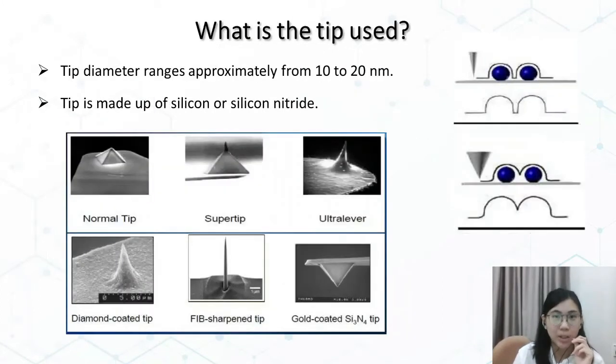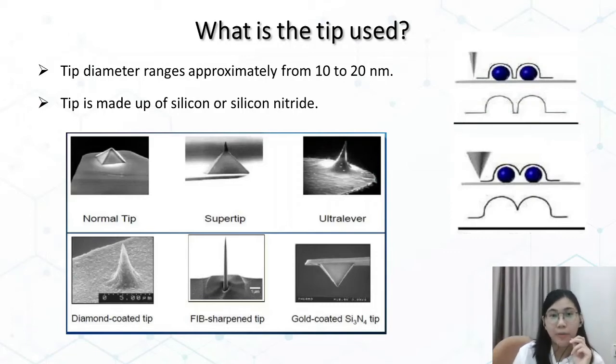The basic operating principle of a standard AFM system involves scanning an AFM probe with a sharp tip over a sample surface. So, the tip plays an important role in AFM.